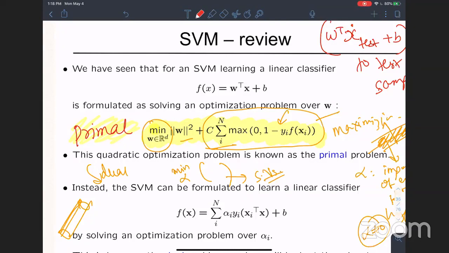So SGD is online. You update W for every sample as it comes. Whereas in batch gradient descent, you wait until you get the contributions from all the million data points and then do the first update of W. In the quiz it was written gradient descent only, not mentioned otherwise, so the correct answer was that we update at once.